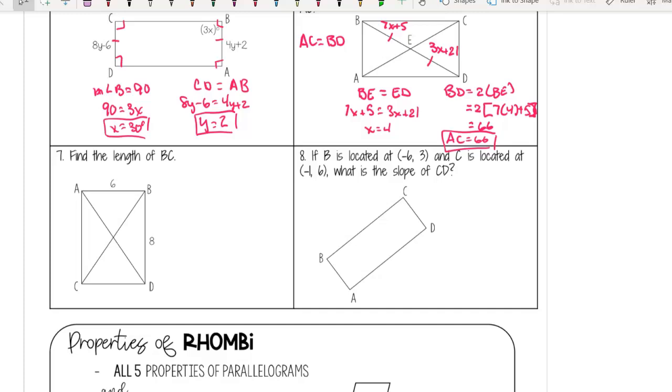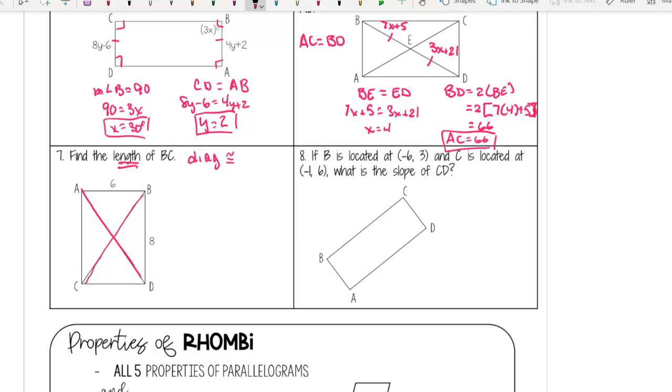The length. Length has to do with the distance formula or Pythagorean theorem. They're kind of about the same thing. So we want to find the length of BC, and BC is right here. It's not even related to that 6 and 8, or is it? We know that the diagonals are congruent, so we're going to use that property.